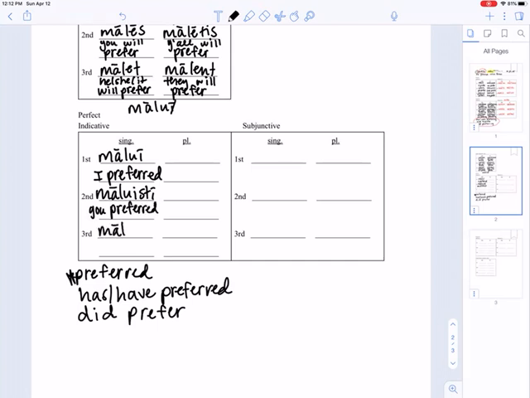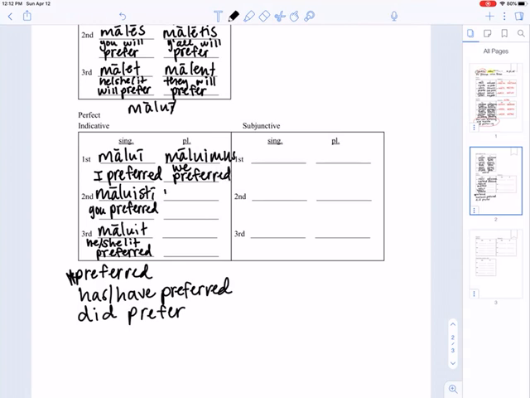We'll have Maluit for third singular, and this is he, she, or it preferred. For first plural, we will have Maluimus, and this is we preferred.